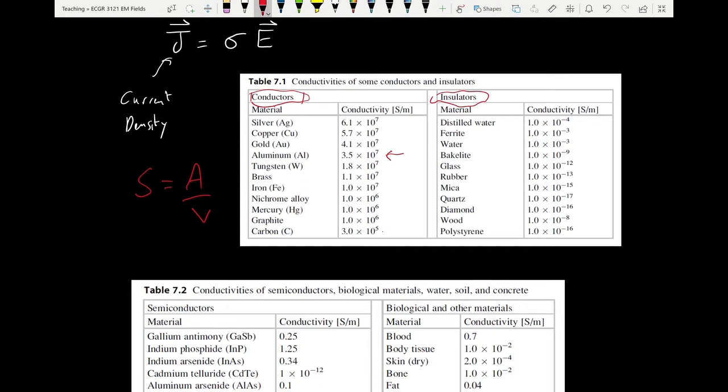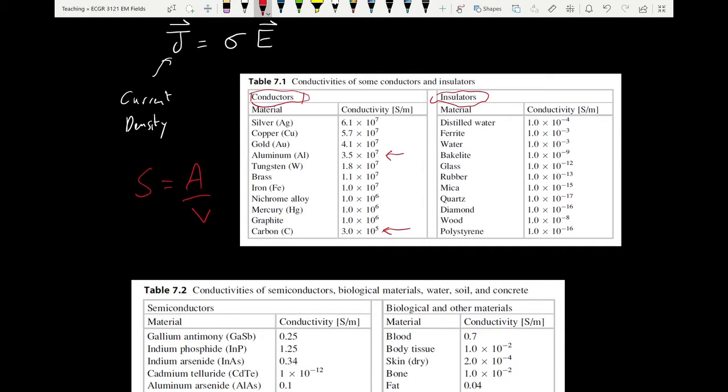And you can see carbon is 2 orders of magnitude less conductive than copper, 100 times less conductive, but it is nevertheless still a conductor. Right? When you go to insulators, you see how conductivity starts dropping. For example, wood is 15 orders of magnitude less conductive than copper.